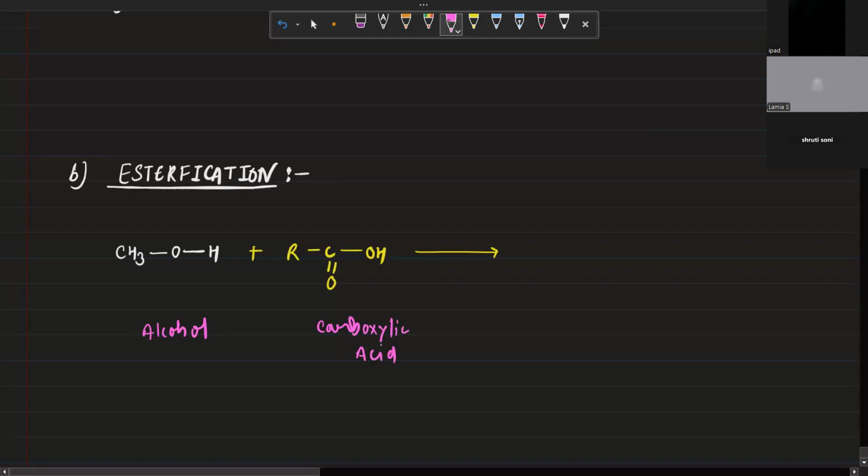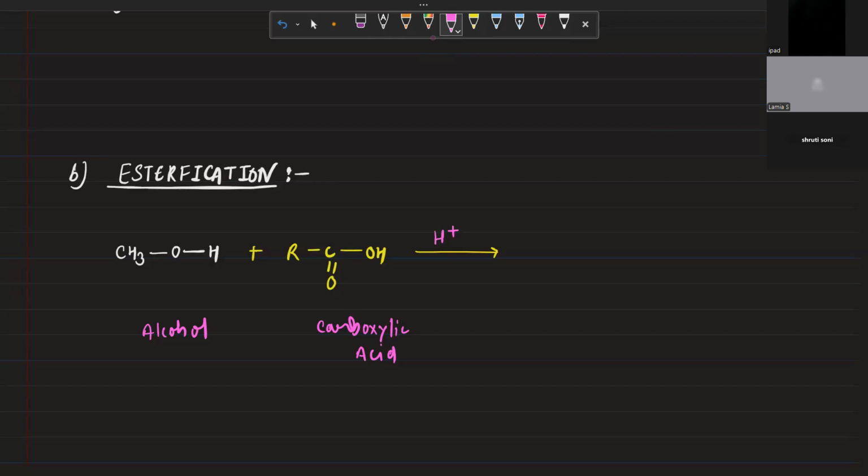Tell me how many lone pairs the carboxylic acid has. Total one, two, three, four. And the alcohol has two.